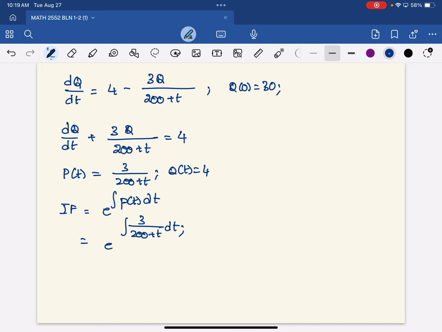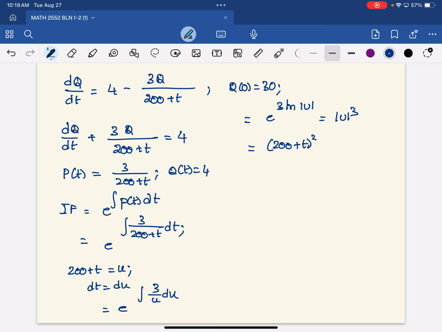If you say 200 plus t is u, then dt is du. So this is e to the integral of 3 over u du, which is e to the 3 natural log of absolute value of u. So that's going to be the absolute value of u cubed, which is 200 plus t cubed. Do you agree with me on that? So that's your integrating factor.